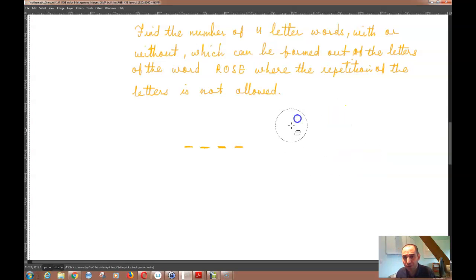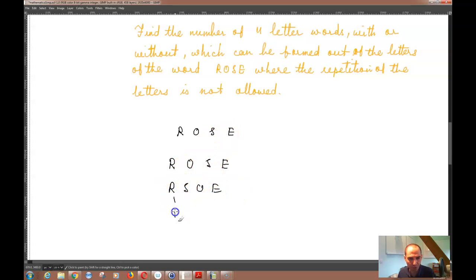So you can, for example, start with an R, then go for an O, then an S, then an E, and you will end up with ROSE. Then you could go with other arrangements, for example SOE.